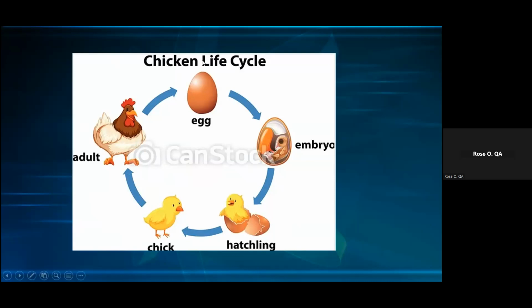When the egg is laid, there's an embryo in it. So that's the chick. Then it starts hatching, it breaks off. Once it starts hatching, it turns to a chick. From the chick, by the time it starts eating and growing, it grows to an adult.